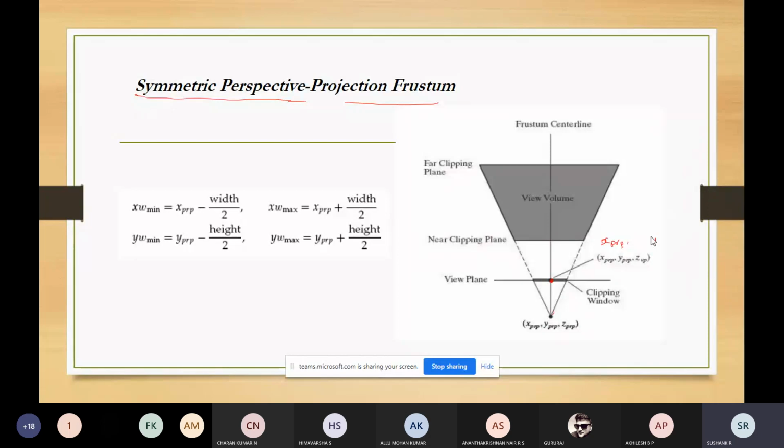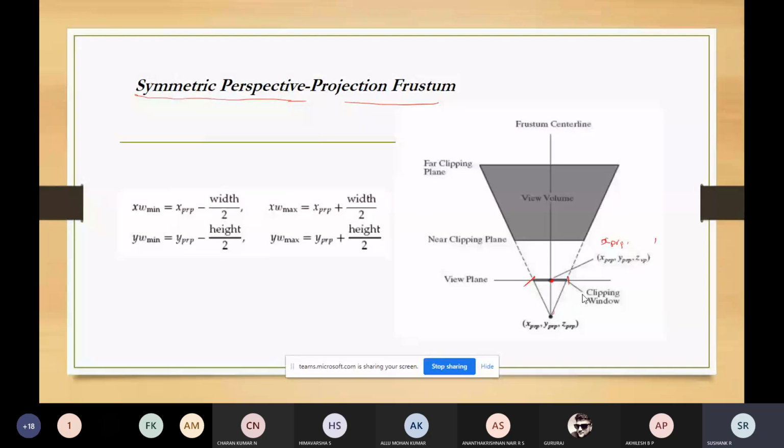The frustum center line is intersecting the view plane at the position given by xPRP, yPRP. You can express the corner positions for the clipping in terms of window dimension.